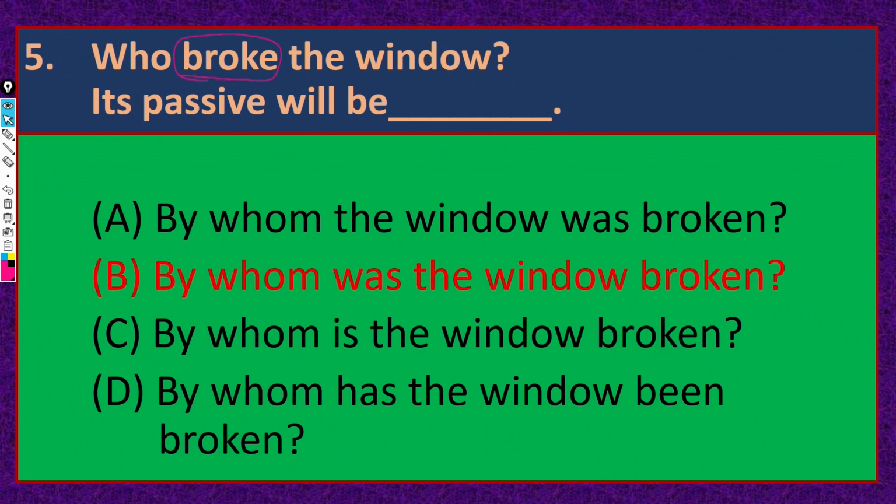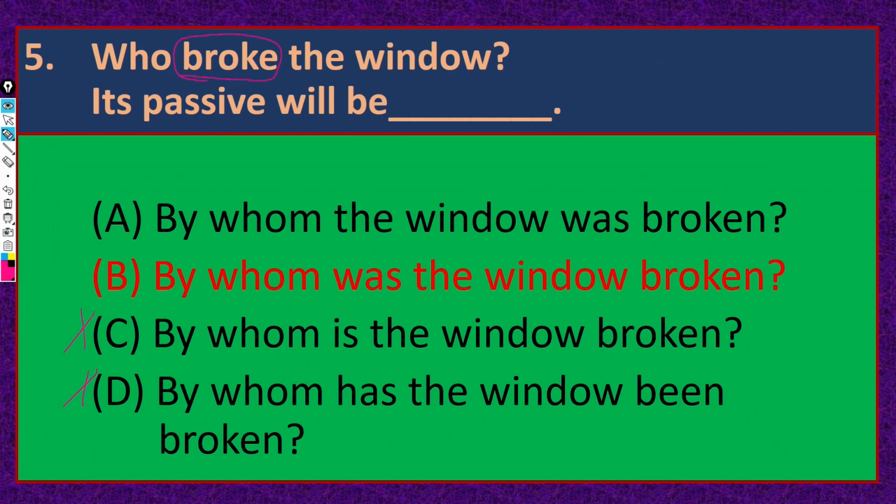Why? You see, has, the sentence is in simple past, so this option is rejected, right. Then you look at C, by whom is. The sentence is in past tense, that is why here we can find is, that is in simple present tense, that is why this is also rejected.